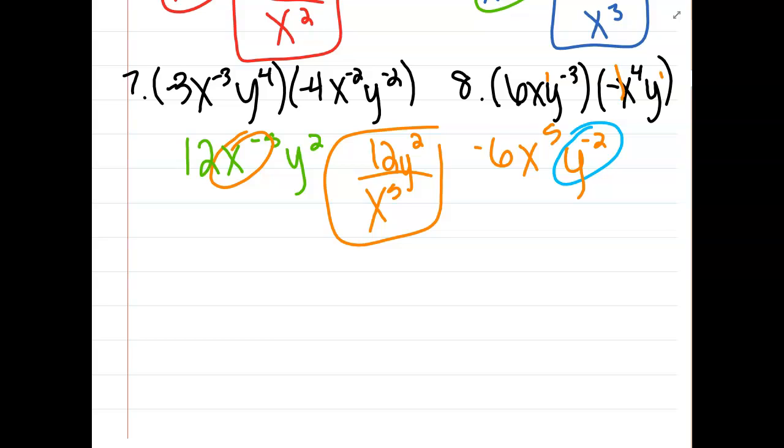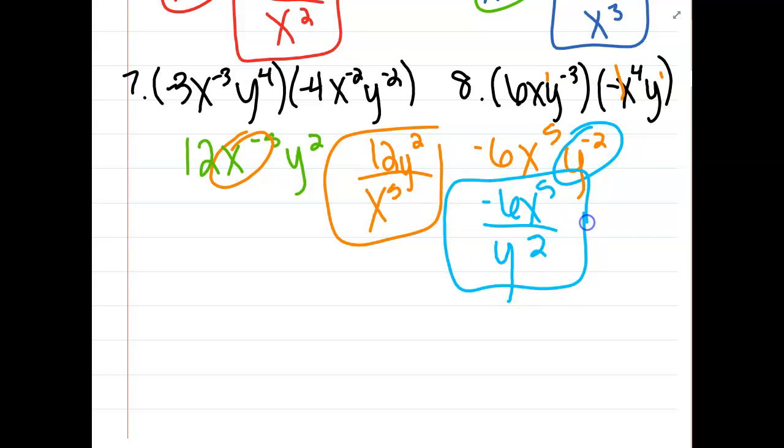It's not an exponent. You only move negative exponents. Negative numbers are fine. We've never had to move negative numbers, right? It's a negative 6. That's it. So the negative 6, the x to the 5th, that stays. Don't move the negative numbers. Move the negative exponents. The y moves down, and the negative 2 becomes a positive 2.